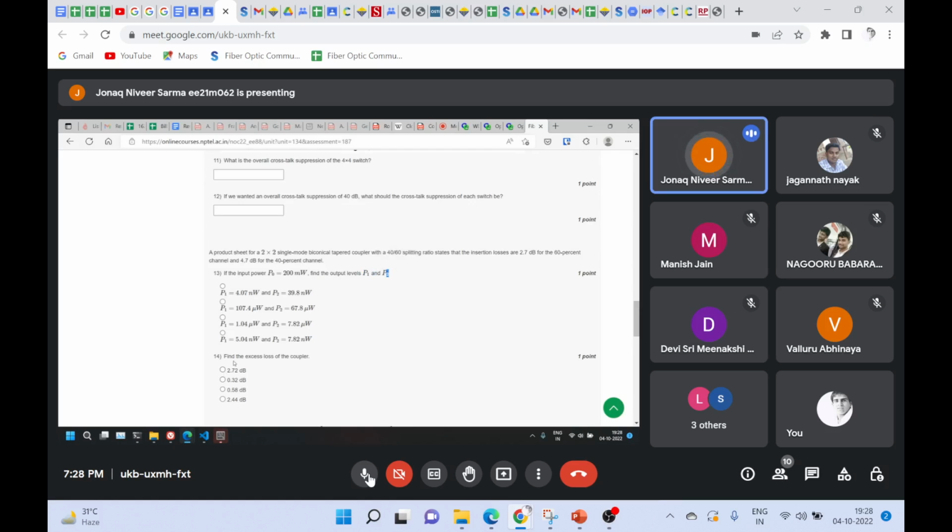And to find the excess loss of the coupler, you add P1 and P2 and see how much was input. Say 200 milliwatt was given, but lower power was received. So just calculate the total power and find the excess loss.